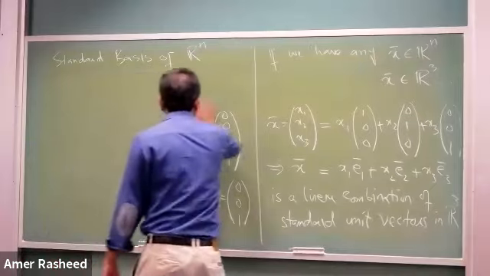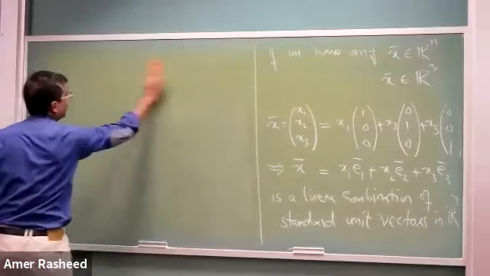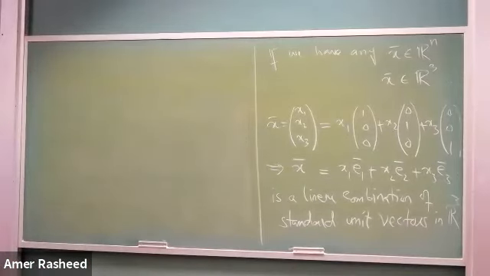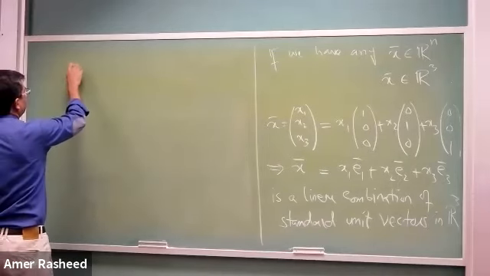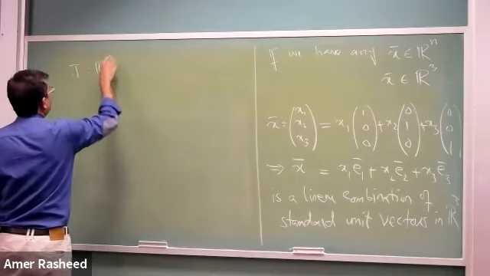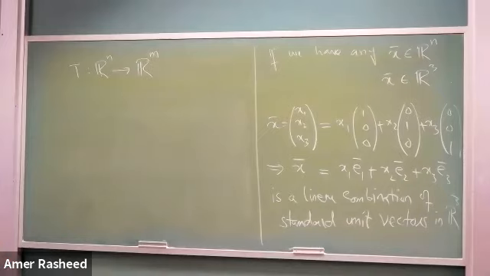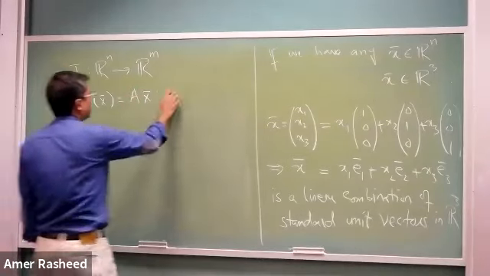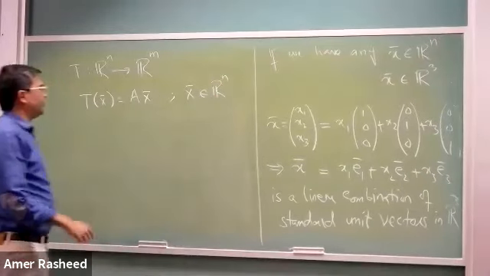For example, last time we talked about linear transformations. I hope you know what a linear transformation is and how to define it. For example, if we have any linear transformation T from Rn to Rn, and it is defined by T of x equal to A times x, where x belongs to Rn, which is the domain set.